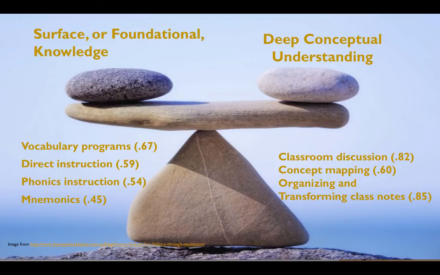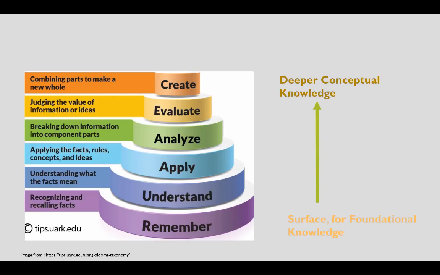Now, what you need to do, and the chapter in your book helps you understand this, is decide, okay, is this what I'm teaching, surface or foundational knowledge? That doesn't mean it's not important. Or is it deep conceptual knowledge, understanding? Because the way you teach it will be different depending on the level at which you need students to know it. Here's that old Bloom's taxonomy, and this is applying Hattie on top of Bloom's taxonomy.